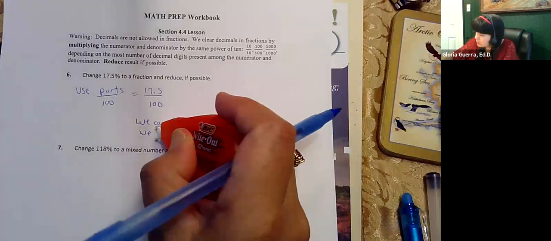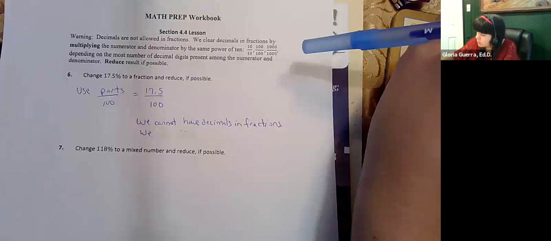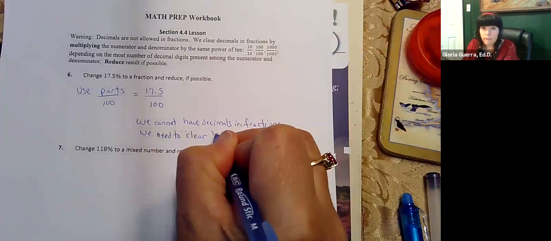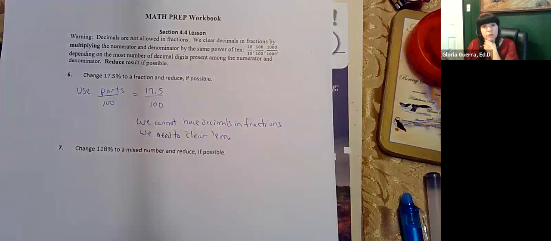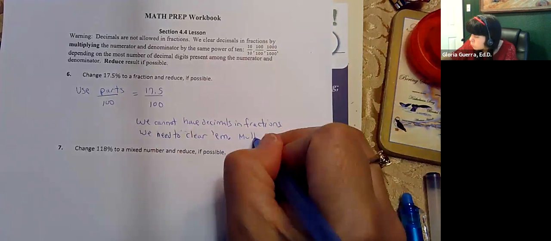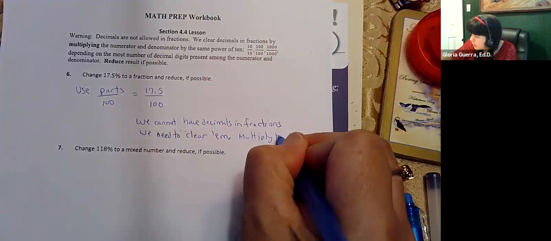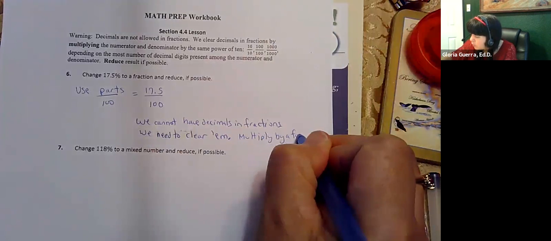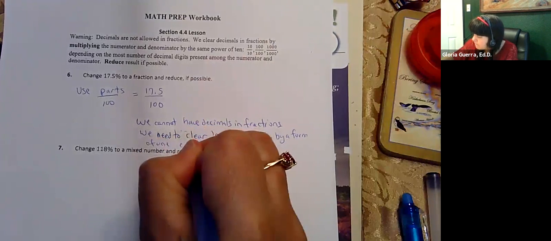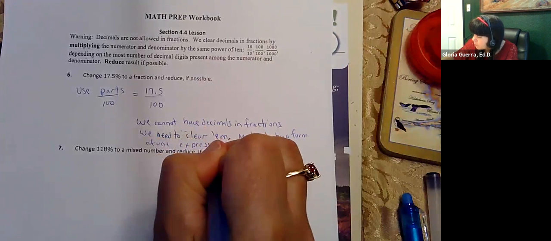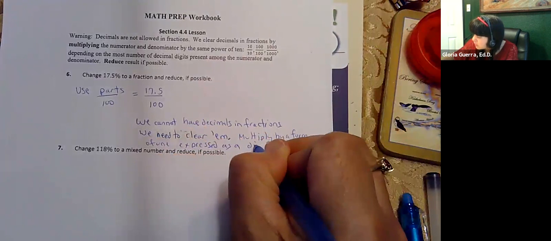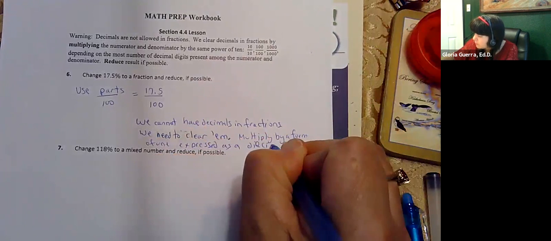And what we need to do is clear them out, the decimals. So what we're going to do is multiply by a form of 1 that's expressed as a decimal.